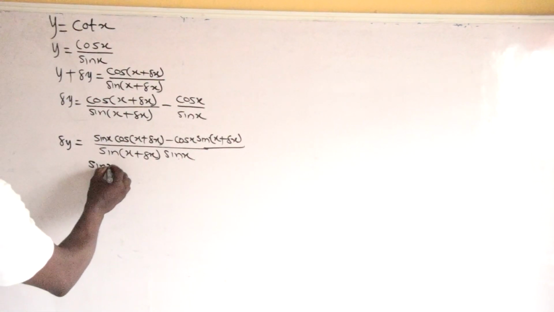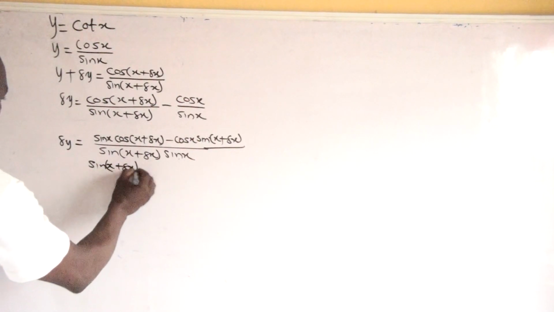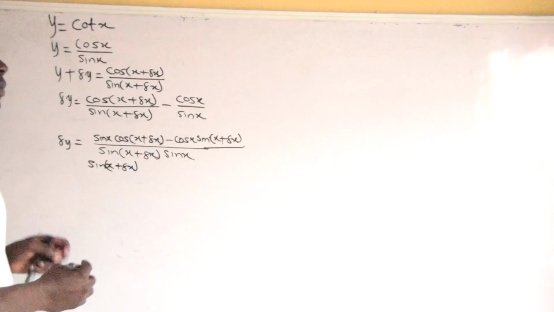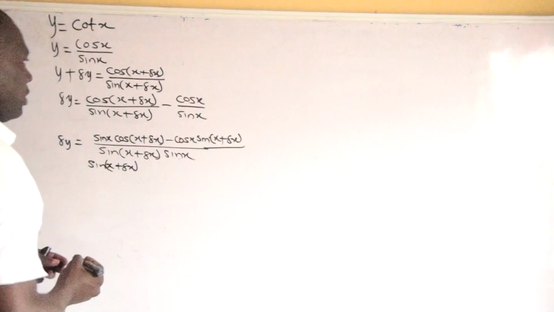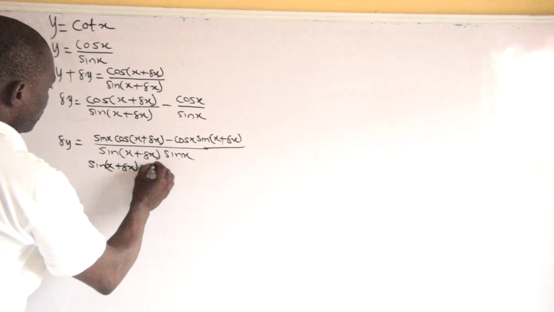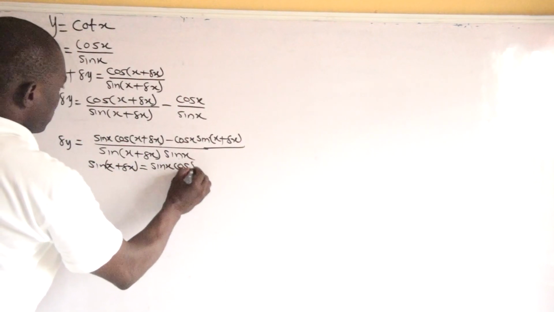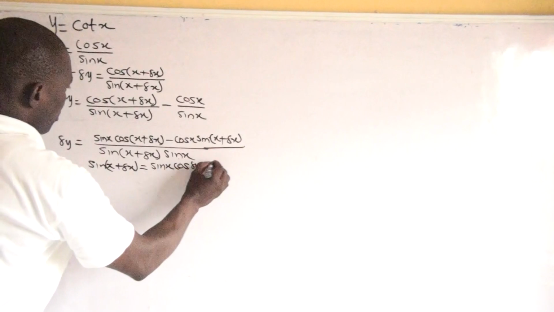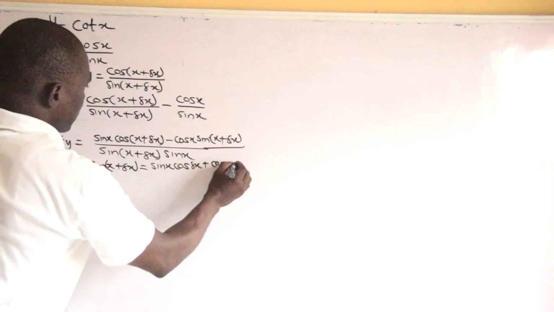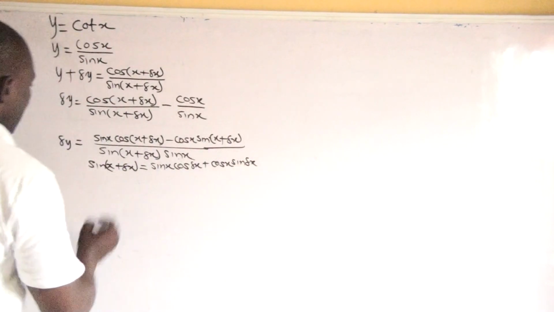So sine(x plus delta x), from the sum of angles, is equal to sine x cos delta x plus cos x sine delta x.